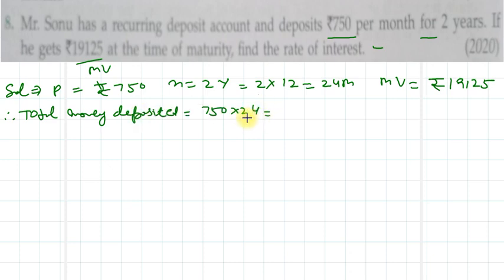So 75 into 24, 24 5 ja 120, 12, 24 7 ja 168 plus 12 180, right? So he will get 18,000.